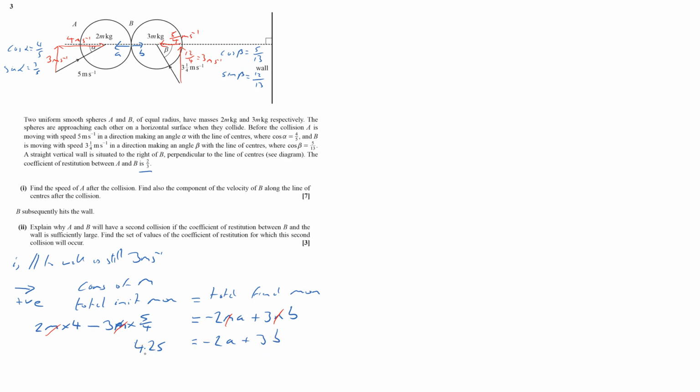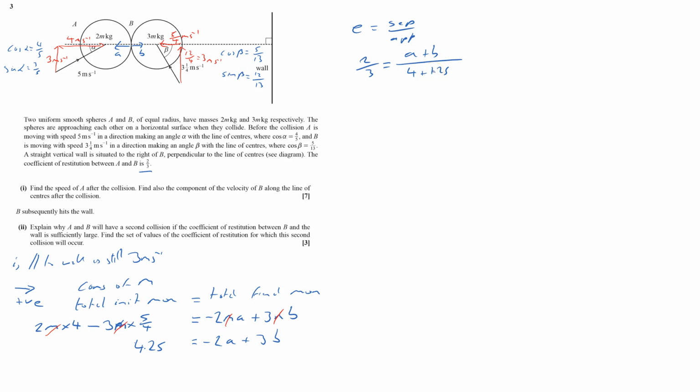I need to get another equation. Pretty obviously I'm going to have to use E equals separation speed over approach speed. And so E, that's 2/3, equals separation speed. Well, they're going apart from each other here, so that'll be A plus B, over my approach speed. Well, this comes in at 4, and this one comes in at 5/4, so that'll be 4 plus 1.25, or 5.25.